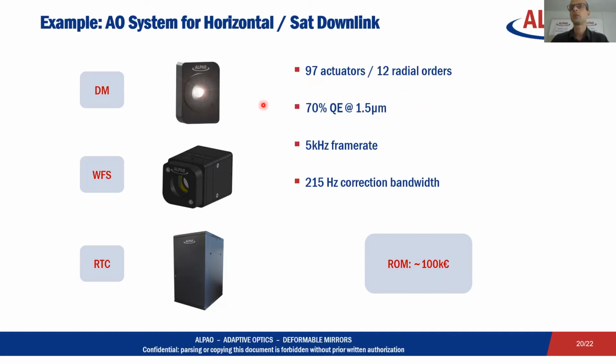A wavefront sensor which provides about 70% quantum efficiency at 1.5 micrometers and is able to run at a really high frame rate of 5 kilohertz, and the whole combined with an RTC that is able to cope with this frame rate and can provide a correction bandwidth of up to 215 hertz. So the ROM cost for this system is about 100 kilo euros.